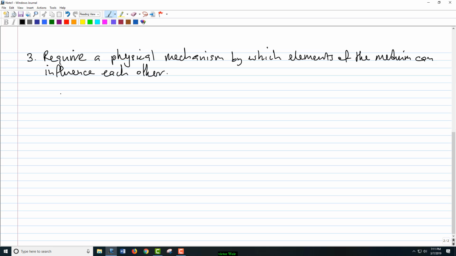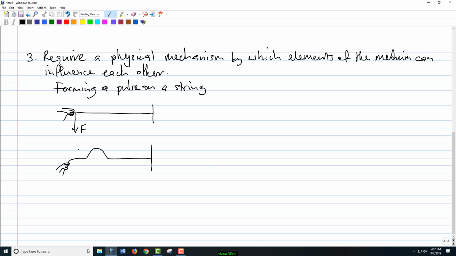So you can imagine forming a pulse on a string. We have a fixed point there, and we have a string, and you are grabbing onto one end of that string, and you flick it down with a force F. This is the pulse, and the pulse travels to the right with a speed v.